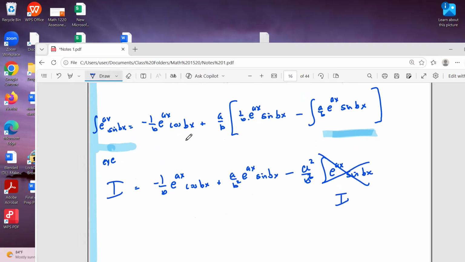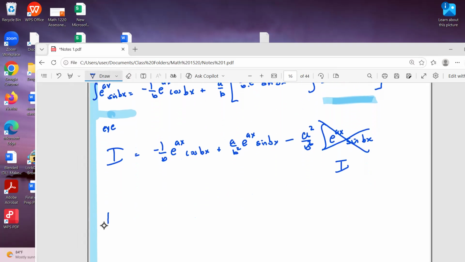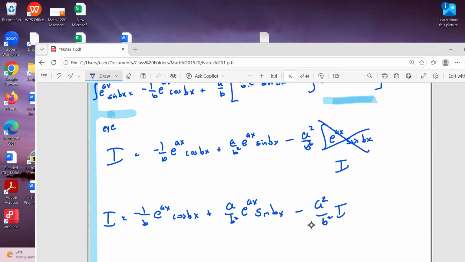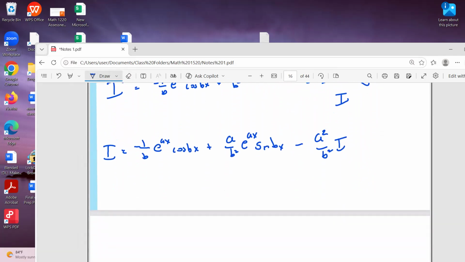Okay, so let me just go ahead and summarize what's going on here. We have I equals negative 1 over b e to the ax cosine of bx plus a over b squared e to the ax sine bx minus a squared over b squared I. I'm going to wrangle this and throw this whole piece over to the other side of my equal sign, because we have an equation.